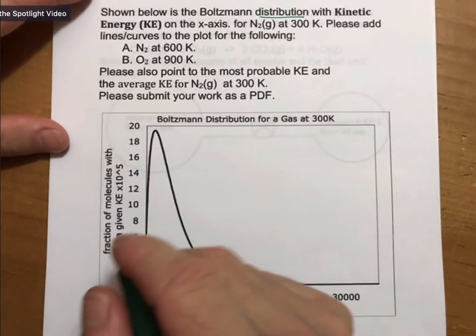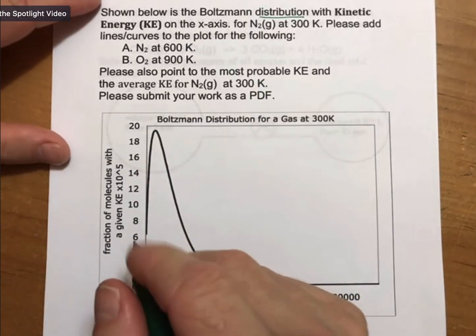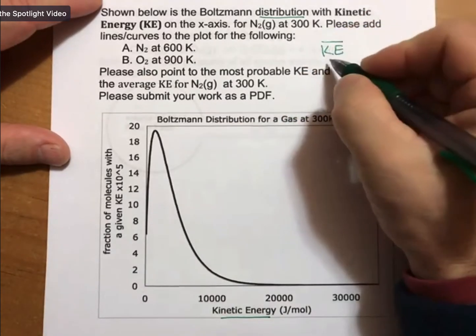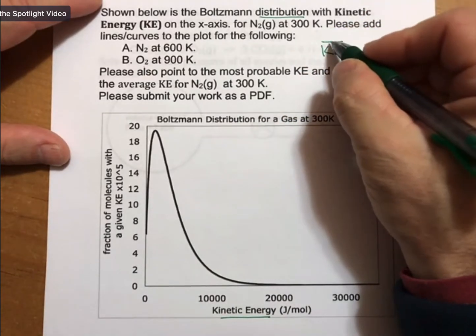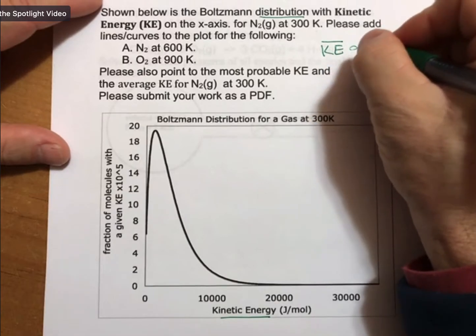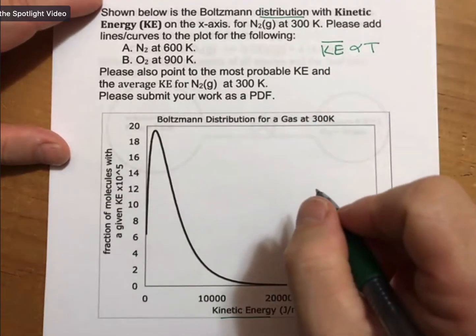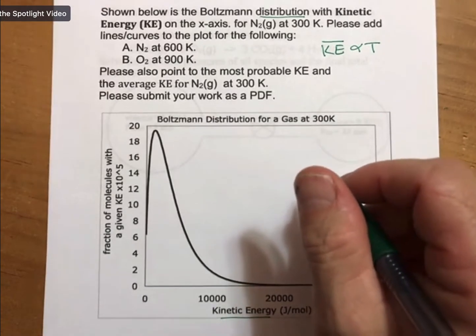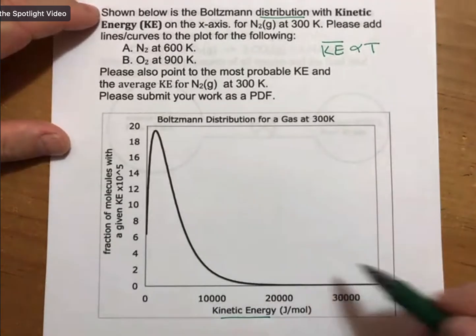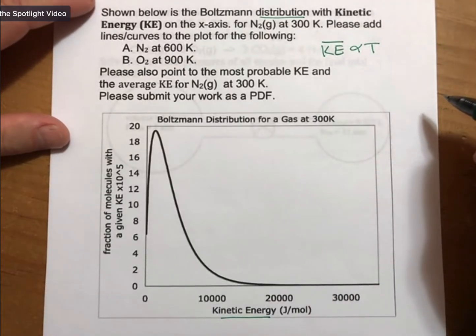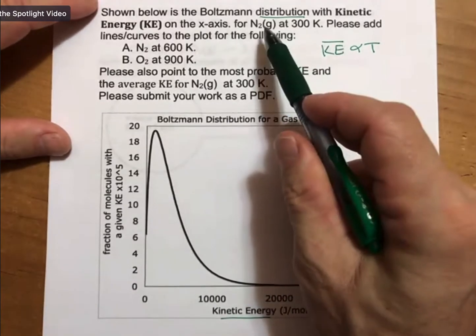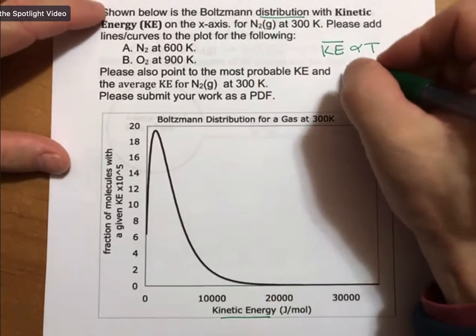And the first thing I need to tell you, and this is in the lecture outlines, is that average kinetic energy, that's the bar means average, is proportional to temperature. And of course it has to be absolute temperature, meaning in Kelvin, but everything is in Kelvin for this problem. And I will only ask you this problem for Kelvin. And this is true for all gases.